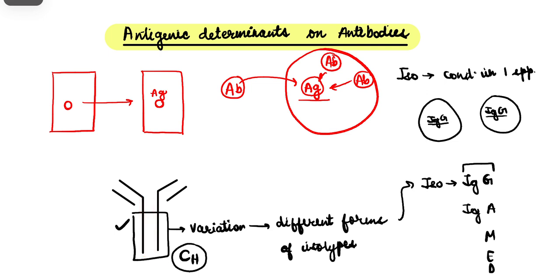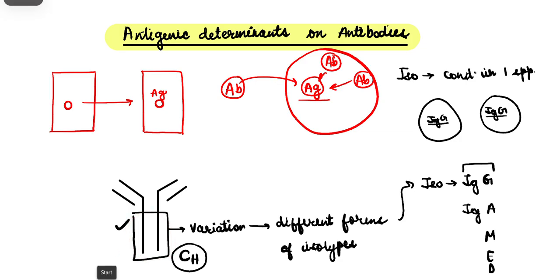So if I am trying to categorize the antibodies only on this CH basis, then because these antibodies are isotypes of each other, they would not be attacked in organisms which belong to the same species, because they are identical in terms of the constant region of the heavy chain.